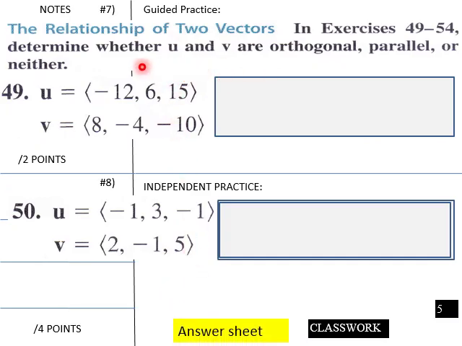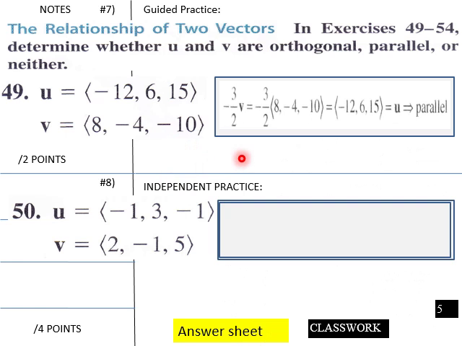Okay, let's try one. Determine whether u and v are orthogonal, parallel, or neither. We've got u as <-12, 6, 15> and v as <8, -4, -10>. A negative 3/2 of v will equal negative 3/2 of <8, -4, -10>, which is <-12, 6, 15>, which equals u.